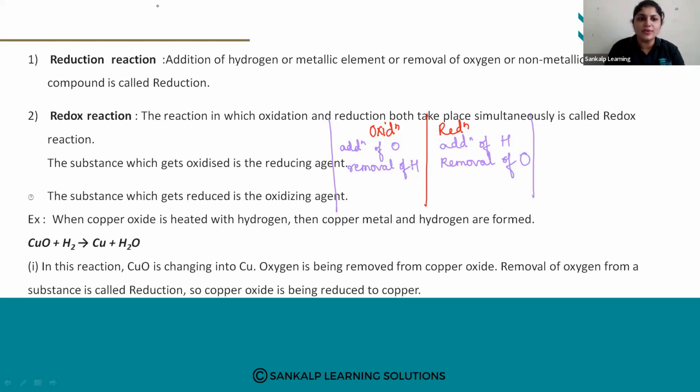The example for oxidation is copper, Cu plus oxygen, giving you 2CuO. What you are doing is adding oxygen to the element, so it is undergoing an oxidation reaction.